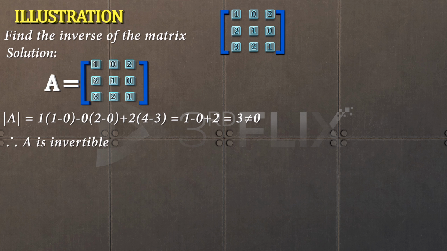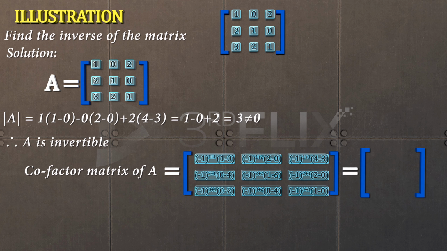By calculating the cofactor of each element of A, we get the cofactor matrix of A as [1, -2, 1; 4, -5, -2; -2, 4, 1].